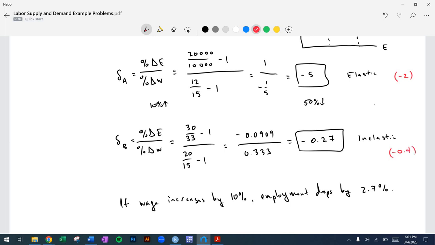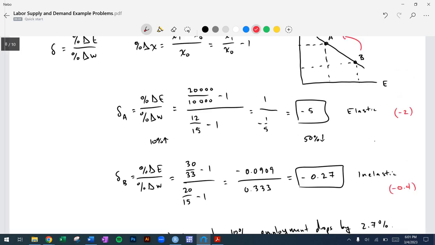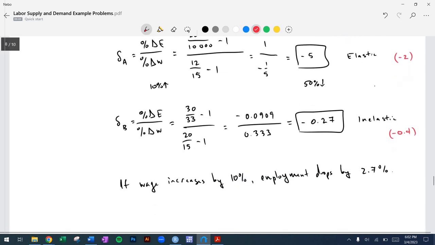So same end result, roughly. They're still elastic and inelastic, slightly different if you go one way or the other, but roughly similar. So anyway, try to give yourself a check to see if you can confirm those numbers, and otherwise that'll do it for this video. Thanks.